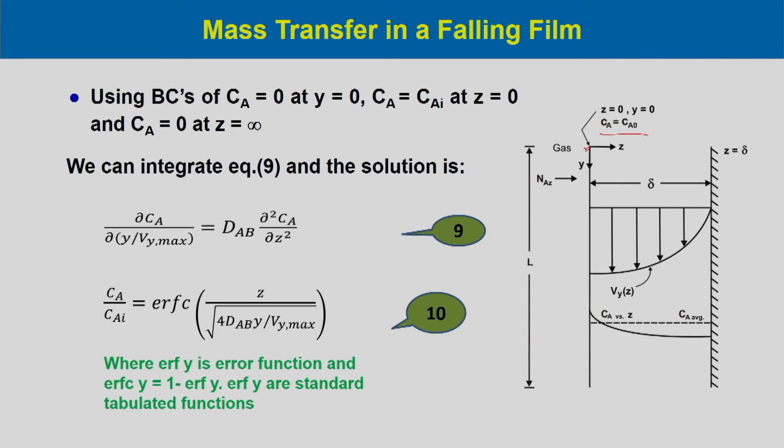If we define y as a function, then ERFC y is the complementary error function of y, which we can write as 1 minus error function of y, and error function of y is a standard tabulated function. We can get the value of the error function from the table, and we can calculate the complementary error function.